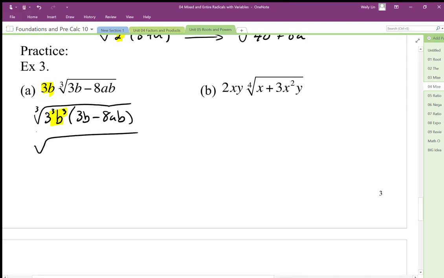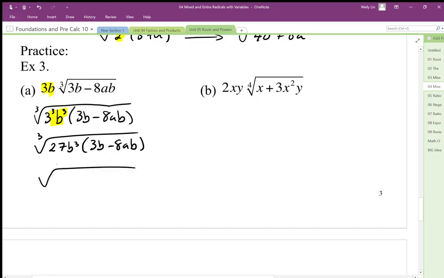I can simplify this, 27b cubed. Okay, and again, it's the idea that the roots are not compatible here. This is all connected by multiplication, so we have to group this into a multiplication.